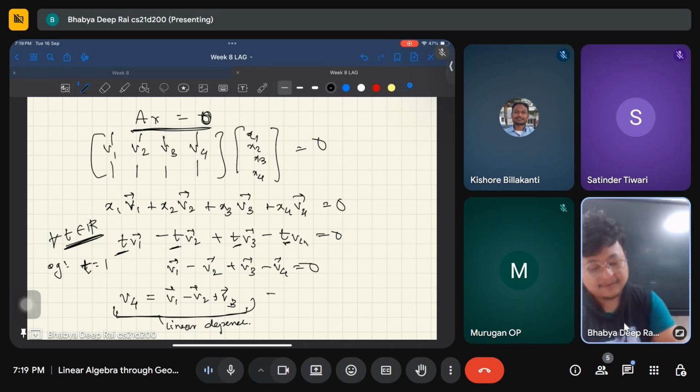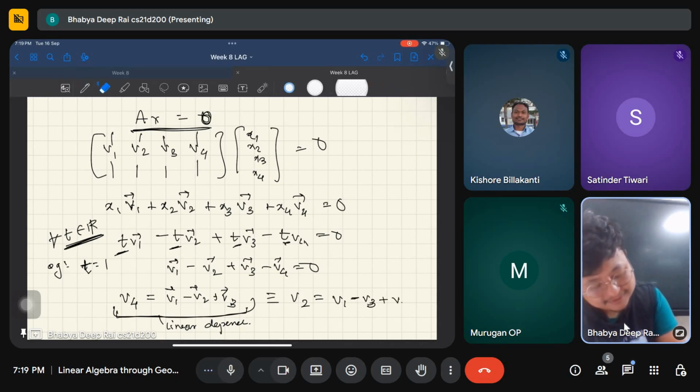Or equivalently, we can also say that v1 equals v2 plus v3 minus v4. Equivalently, you can say something like v2 equals v1 minus v3 plus v4.